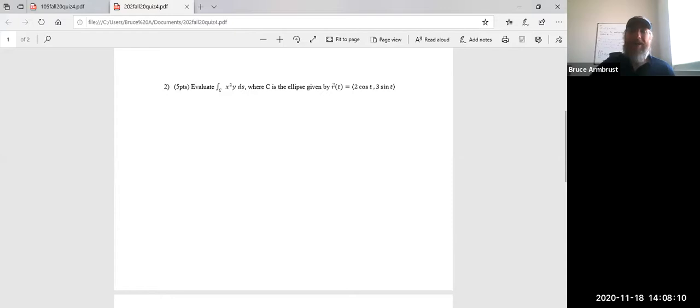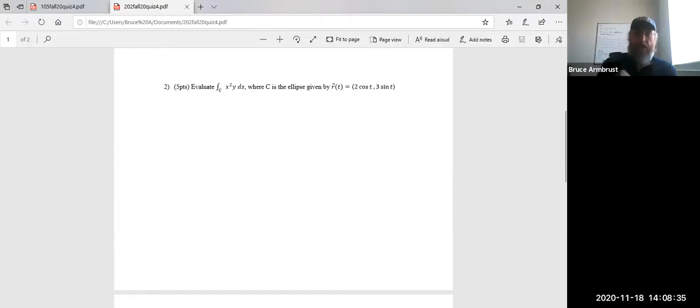So I said the r prime, right? We're going to differentiate it. We're going to basically replace everything in here with that parameter. So we're going to change the x squared y. We're going to put in 2 cosine t for x, and 3 sine t in for y. And then we need to change our ds.